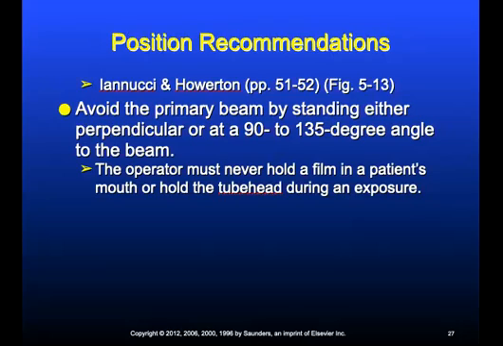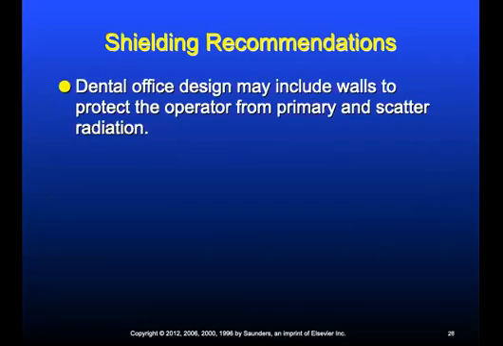If for some reason you have to sit there and hold it in your patient's mouth, for example, you're working with a mentally impaired patient or a small child, you'll want to make sure that you're wearing the proper shielding device as well. So not only does the patient get a lead shield, you should also be wearing one. The dental office design may include a wall to protect the operator from the primary or scatter radiation.